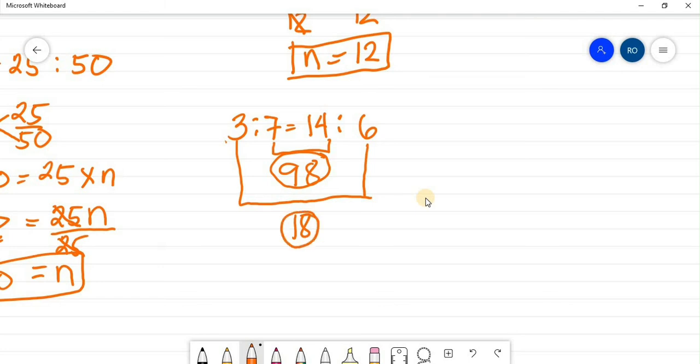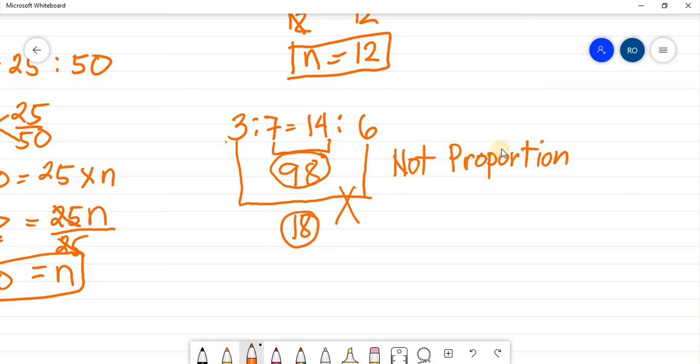They are not equal. They don't have the same product. Meaning to say 3 to 7 and 14 to 6 are not proportion. They are not equal ratios since they don't have equal products.